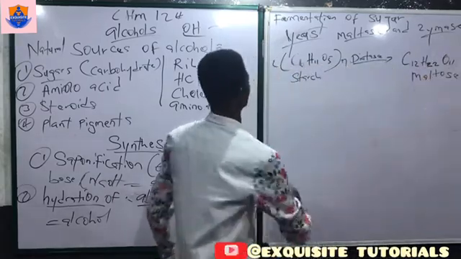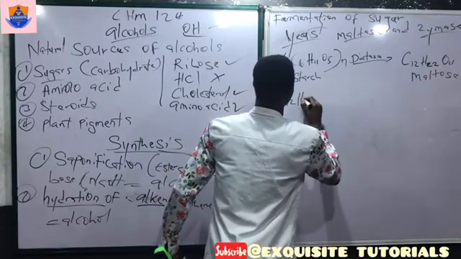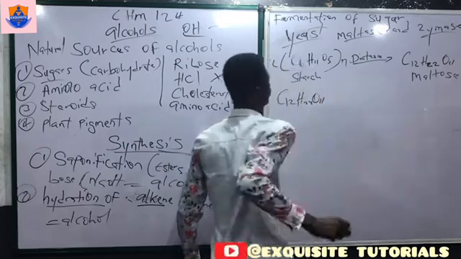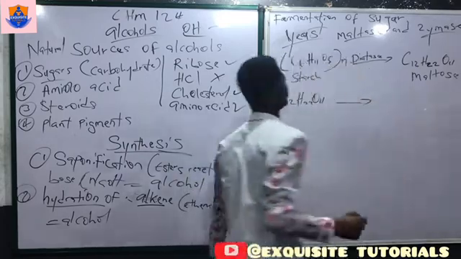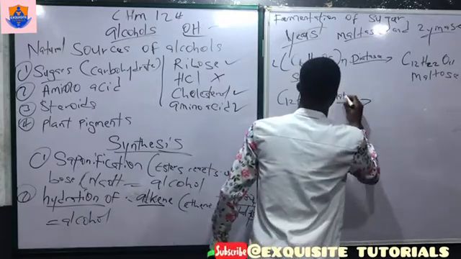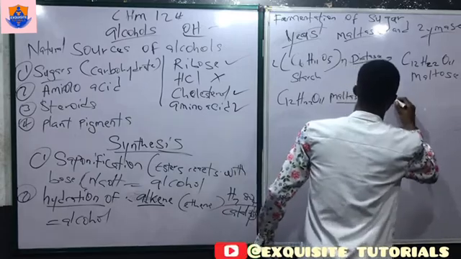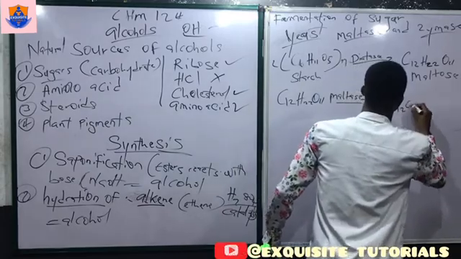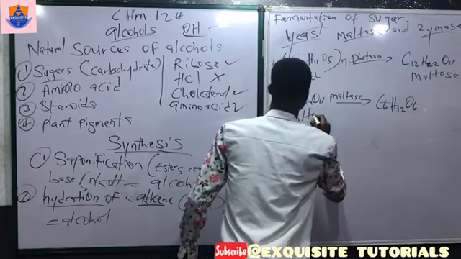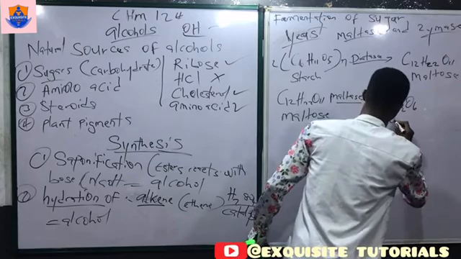Now, from maltose, C12H22O11, in the presence of maltase as a catalyst, we get glucose, C6H12O6. This is your maltose, and this is your glucose.